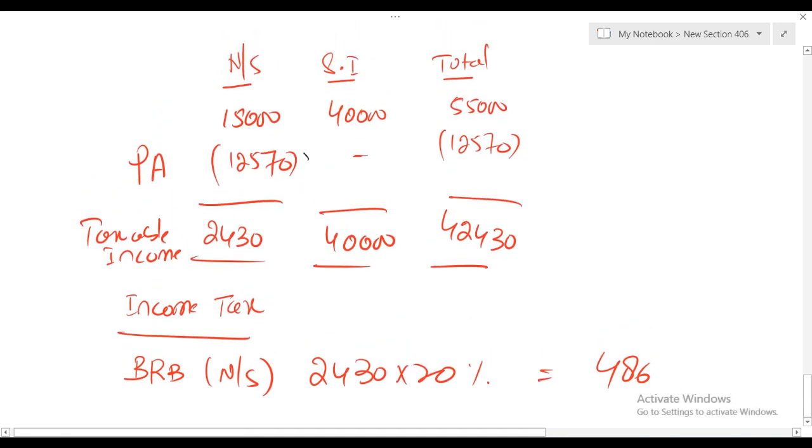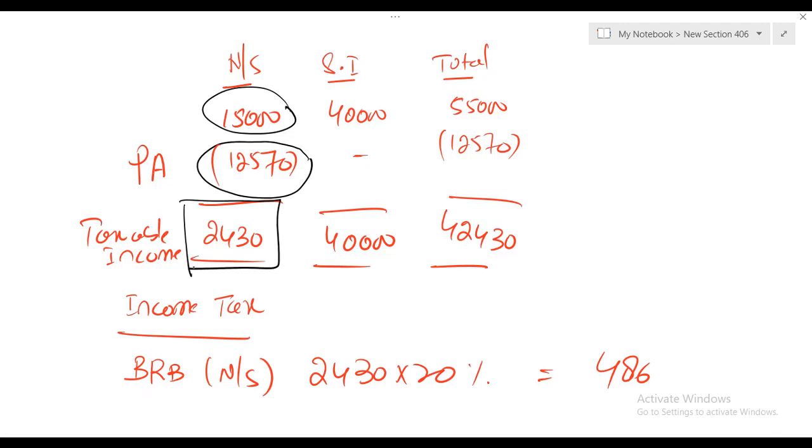After deducting personal allowance from the total of non-saving income, whenever the taxable amount in non-saving income is less than 5,000, then the starting rate band concept comes into action.